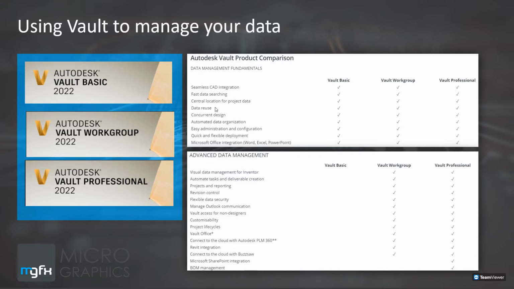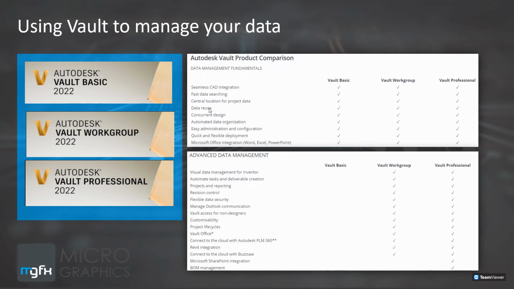I'm just going to go over a couple of them, mainly the important ones. One was concurrent design. The other was Microsoft Office integration. The other one we're looking at was automated data organization, fast data searching, to filter out iProperties effectively and filter out what's checked in, what's being used. Seamless CAD integration, where you check in stuff directly from the application, and data reuse.